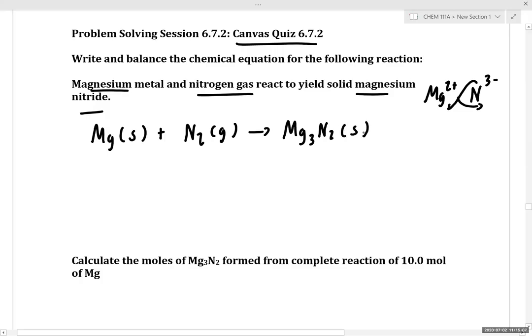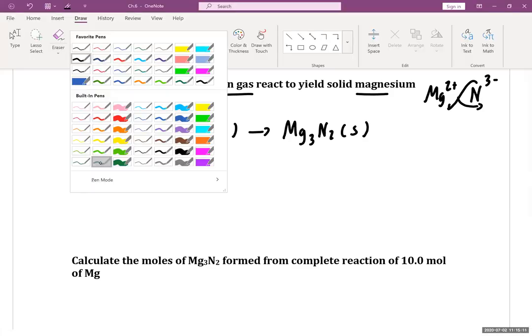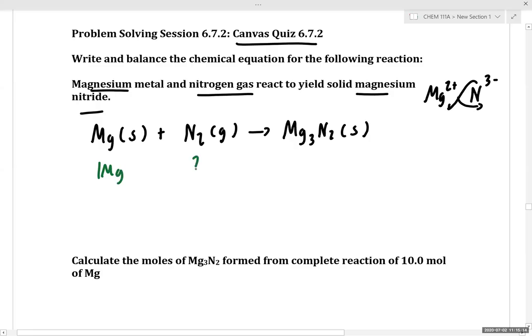Okay, now this equation clearly is not balanced. Just looking at this equation, we have 1 magnesium on the left, we have 2 nitrogens on the left, and we have 3 magnesiums and 2 nitrogens on the right. So what coefficient do we guess for magnesium to give us 3 magnesium atoms on each side? 1 times what would give us 3?